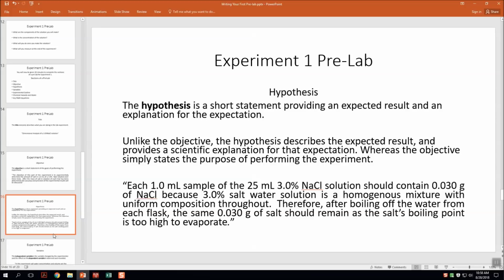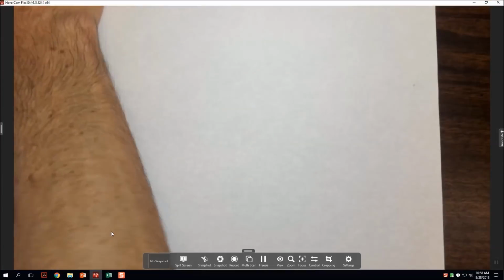So in order to predict what we expect to happen, we need to do dimensional analysis. And I go over dimensional analysis in the other video for the earlier part of the homework and for the lab experiment, so I don't want to go over it in great detail here. But I do want to do the specific dimensional analysis that you're going to need for this part of the experiment. In order to predict how much salt is going to be in the flask, we need to calculate how much salt should be in the flask.